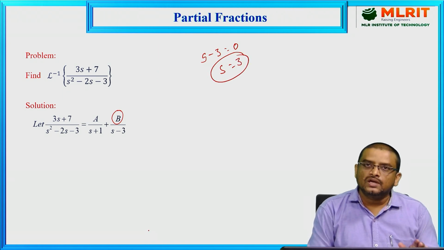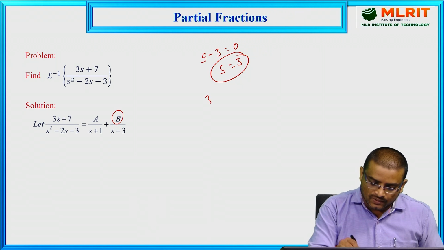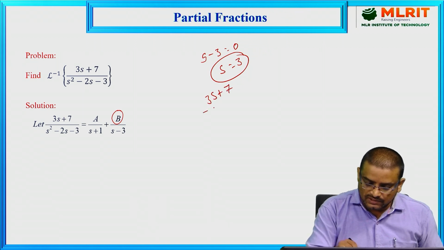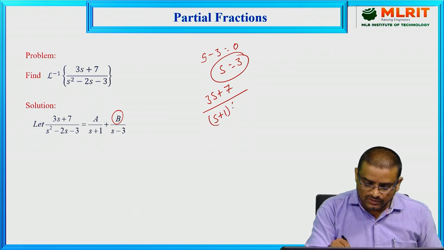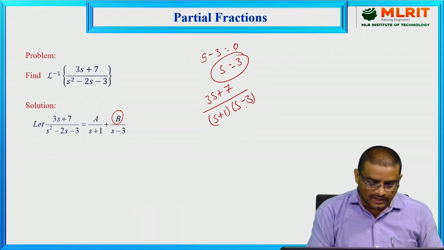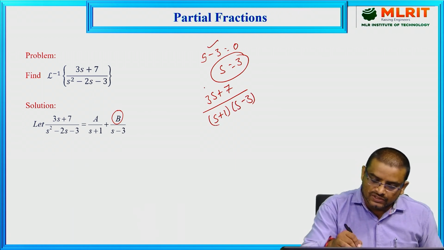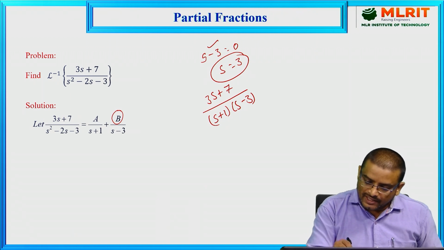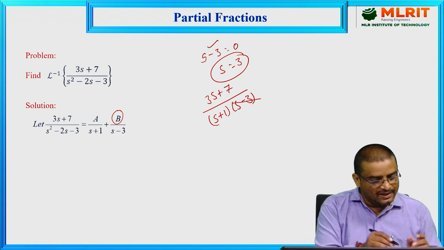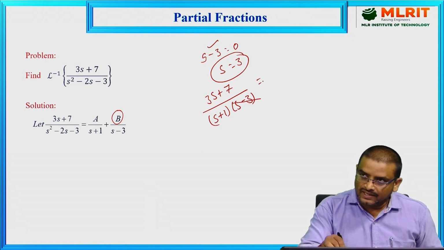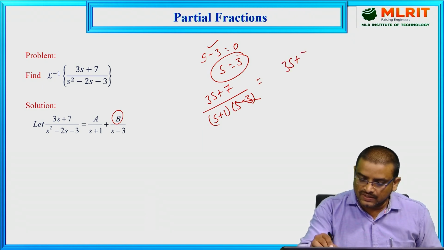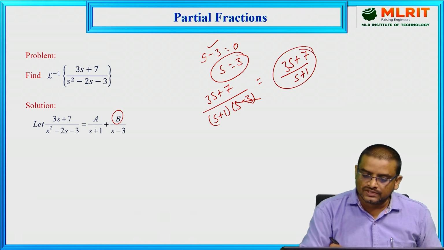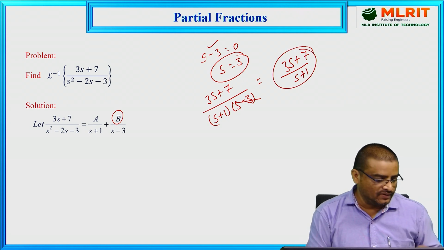Now go to the LHS. Our function is 3s plus 7 by s plus 1 into s minus 3. Whatever the factor we have equated to 0, you neglect that factor in the LHS side. After neglecting that, you will get 3s plus 7 by s plus 1. Now in this you substitute s is equal to 3, we will get our required one.